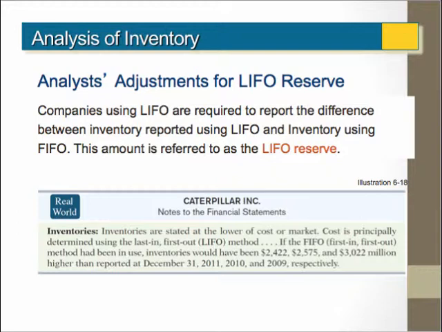That difference between the LIFO inventory and the FIFO inventory is called the LIFO reserve. The LIFO reserve is a number to consider what the difference would have been if the company was using FIFO. Not that we're going to make a change, but just to know that if we were following physical flow, here's the difference in what the cost of goods sold and what the ending inventory values would be.